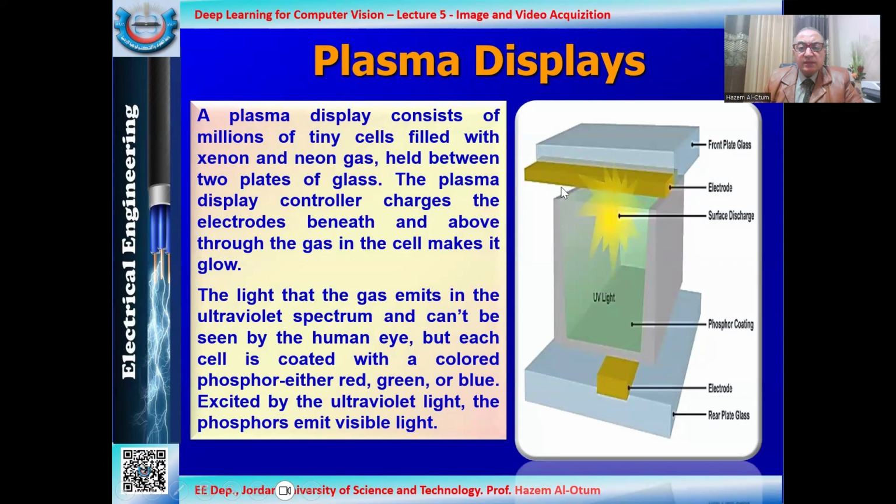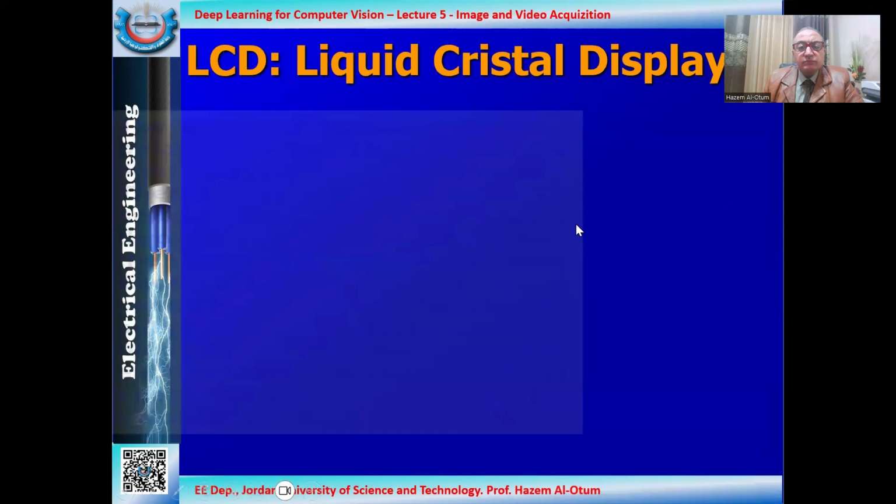This type of display, the plasma, is very expensive. It consumes a lot of electric power, and it has been removed from the market; you can hardly find such displays, and they are very old these days.